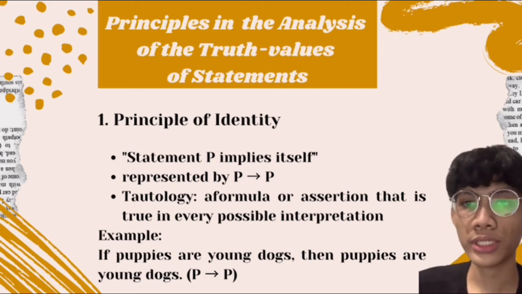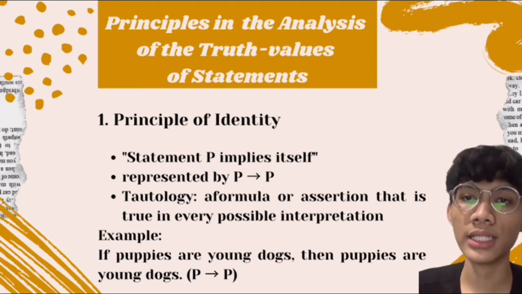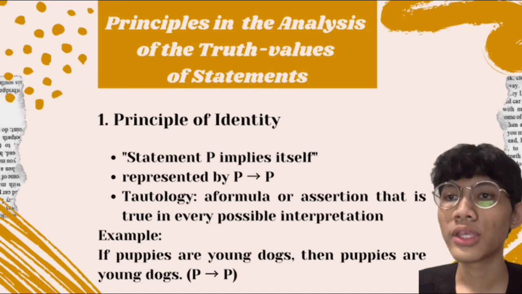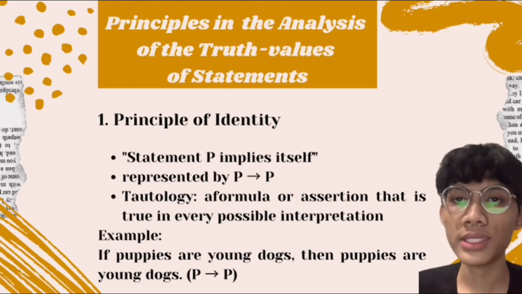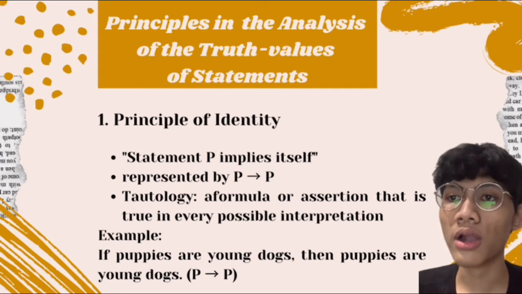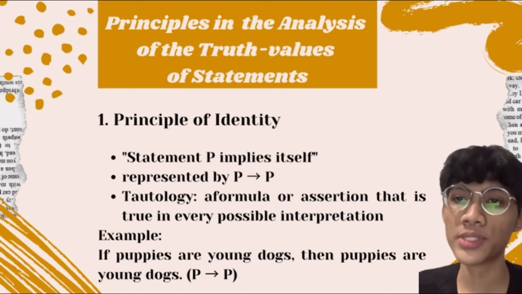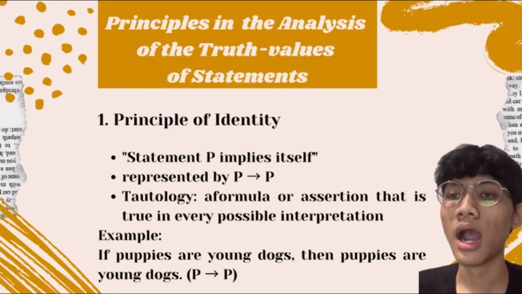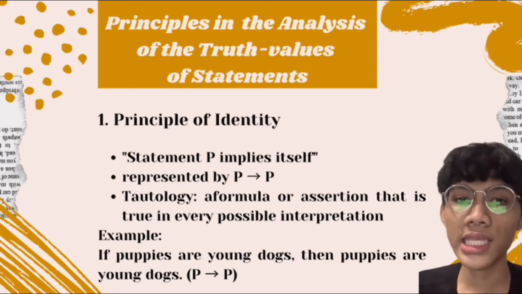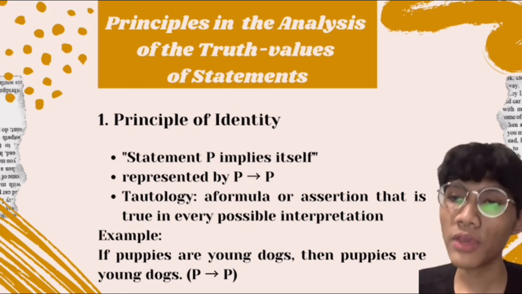For example here, you have the statement, puppies are young dogs, represented by the capital letter P, and supposing that young dogs are indeed called puppies, so if P is true, then P is true. If puppies are called young dogs, then puppies are called young dogs, represented by P, arrow, and then P. Conversely, if you say that young dogs are not called puppies, P will be false.